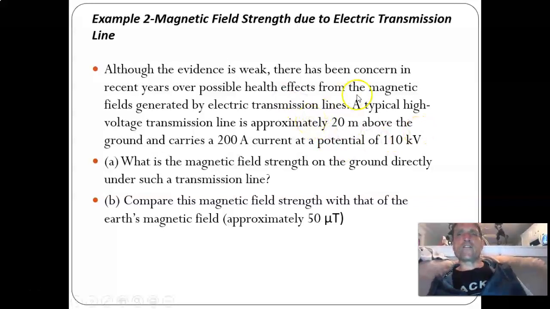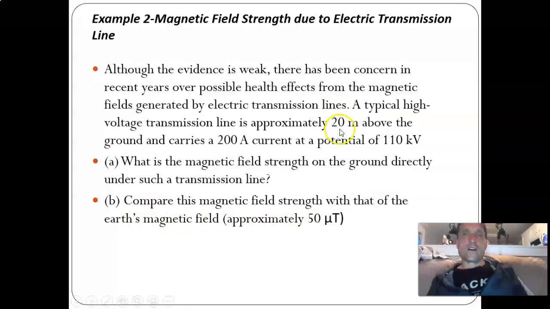And so let's plug in some typical numbers, and let's see what the magnetic field strength is at the ground due to these transmission lines. And then we're going to compare it with the magnetic field due to the Earth, which is about 50 microtesla, or 50 times 10 to the negative 6 Tesla.